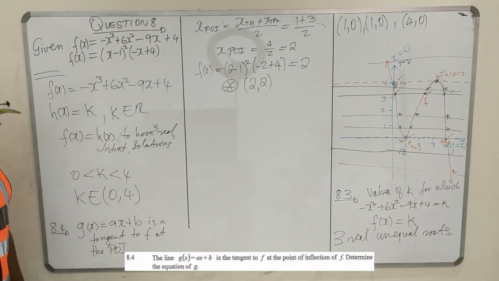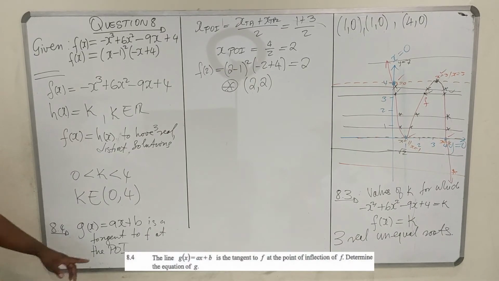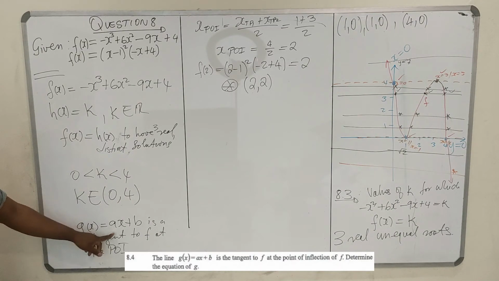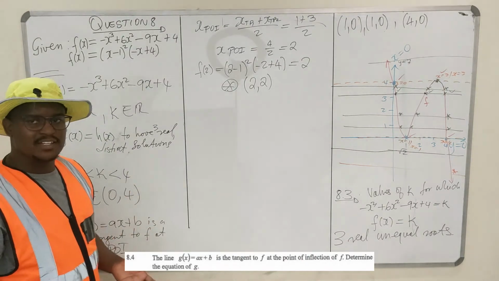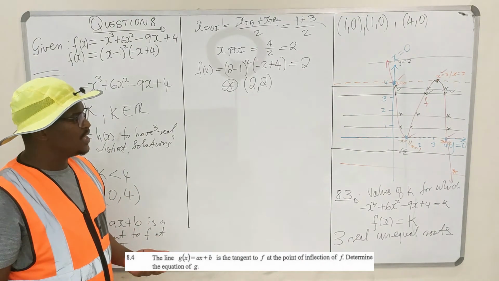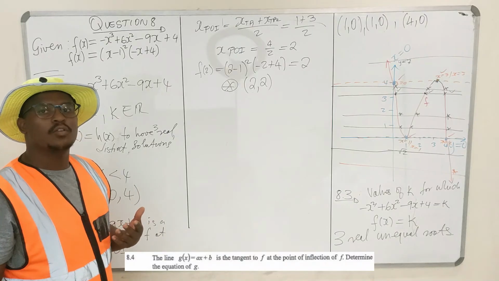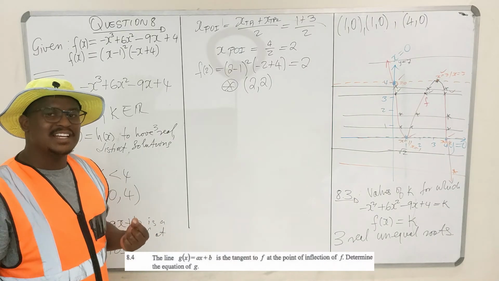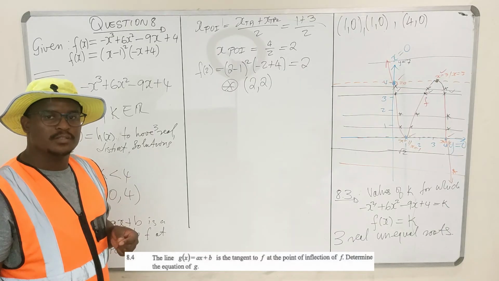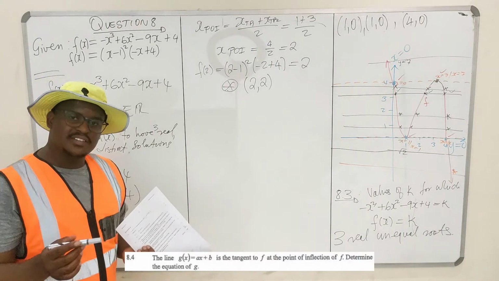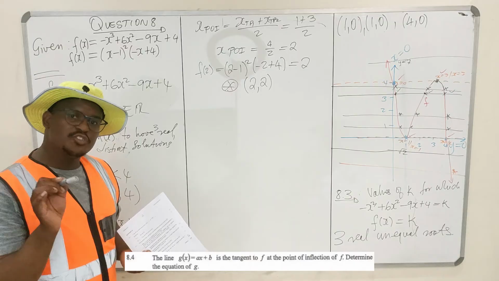So now what do we need? We need the gradient, right? I said before that when we're finding the coordinates of a turning point, the derivative of a function gives you the gradient at a point.